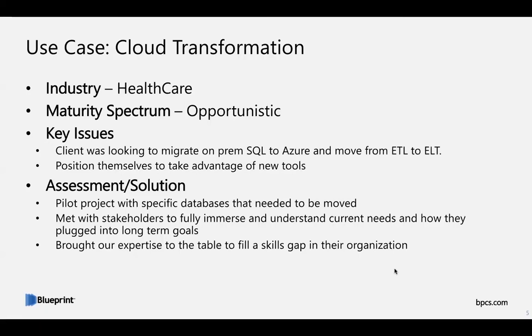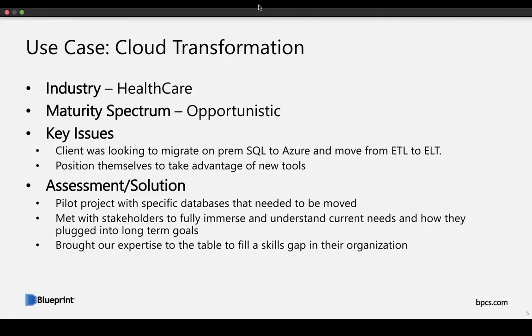So a very, very traditional shop, but knowing that they wanted to move the bar a bit. They wanted to start to look at things like data lakes and streaming services and different analytics tools, and felt that there might be a better way to do that. So we spent some time with them discussing these things.